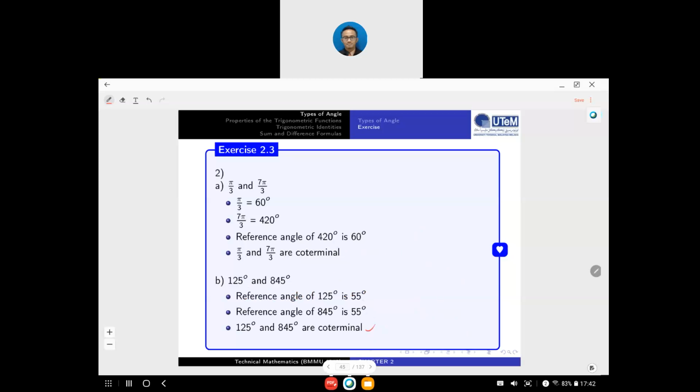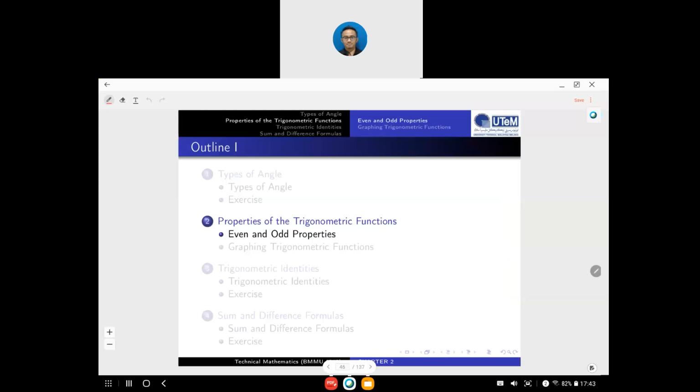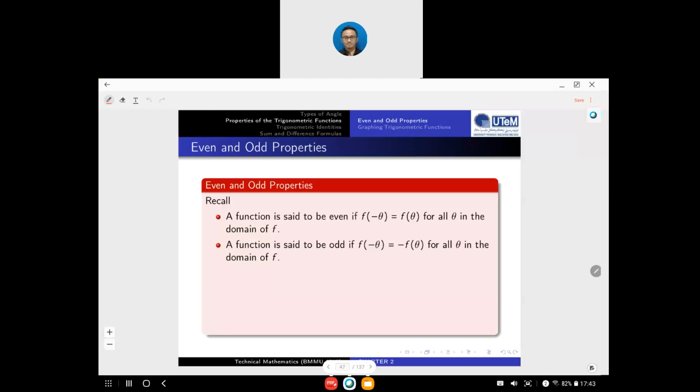Okay, next. We want to study the properties of trigonometric functions. Even and odd properties. What are the even and odd properties? If you still remember, a function f of negative theta equal to f of theta for all theta in the domain of f is an even function.